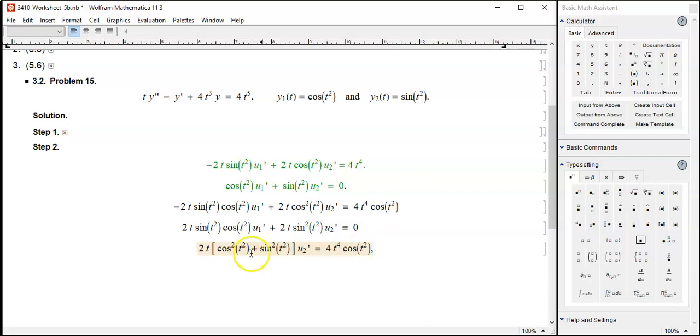Okay, what do you get? Cosine squared plus sine squared is equal to 1, so this is what we get. Just 1.